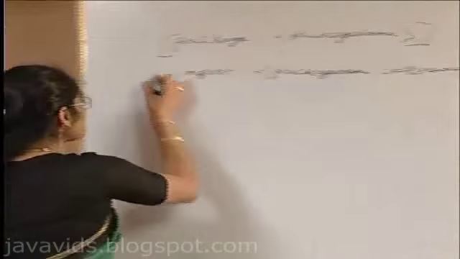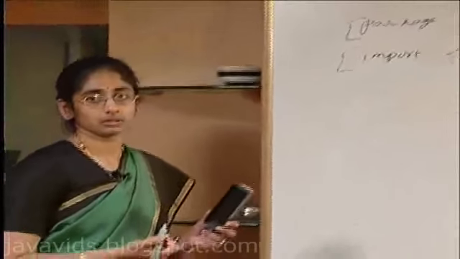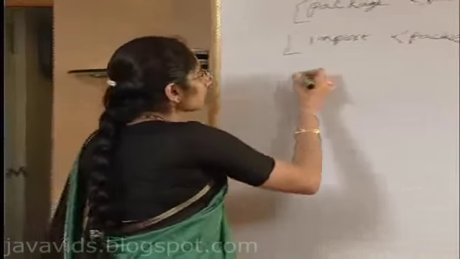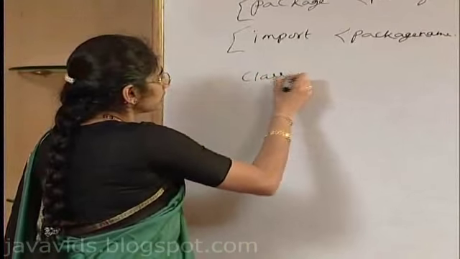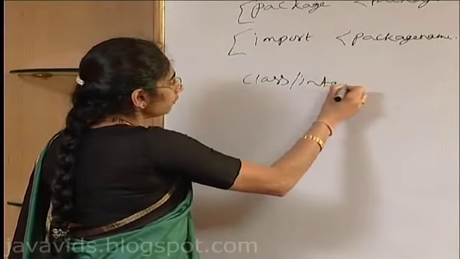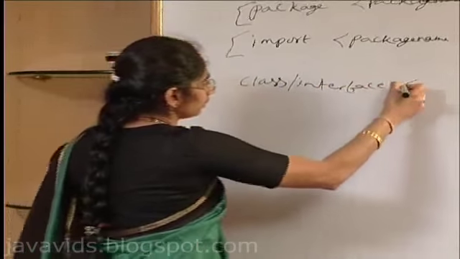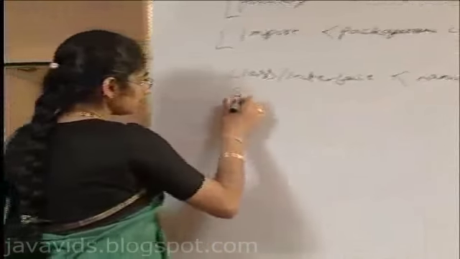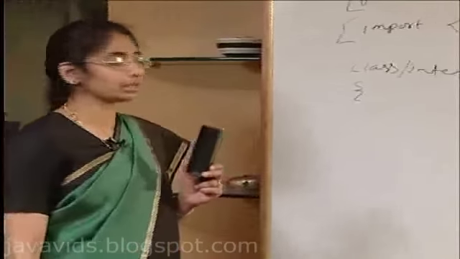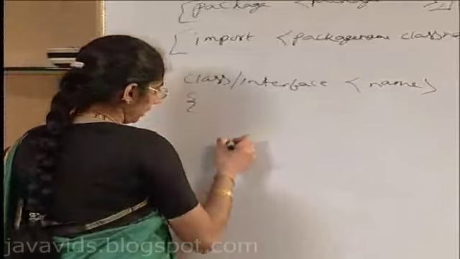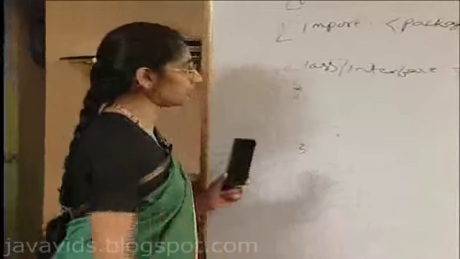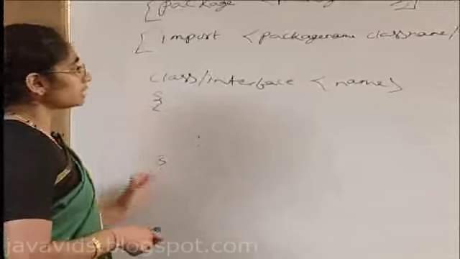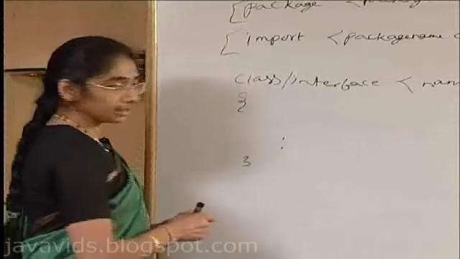This again is an optional statement, followed by the class or interface keyword, followed by the name of the class or the interface. Open the body of the class or the interface, define the contents, close the bracket. So this structure would be stored into a .java file.